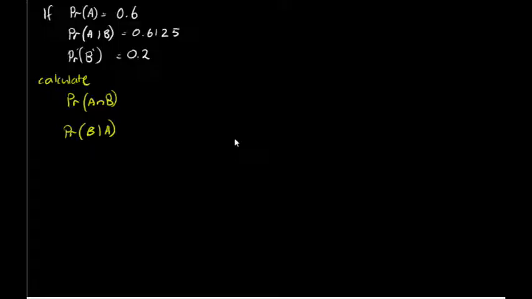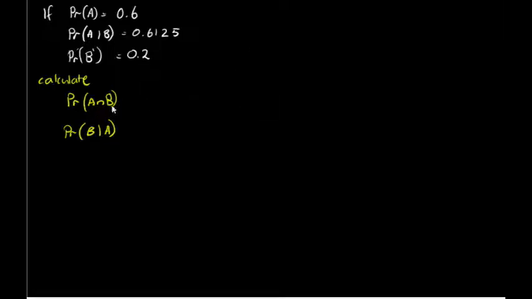So just having a look at example 6, we've got the probability of A is 0.6, the probability of A given B is 0.6125, and the probability of B dash, or not B, is 0.2.